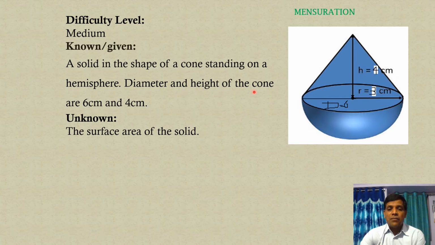Diameter and height of the cone are 6 centimeters and 4 centimeters. What is the given diameter? 6. And what is the given height of the cone? 4. What is the unknown value? You have to find the total surface area. That is the only unknown value. So unknown is the surface area of the solid, a toy.